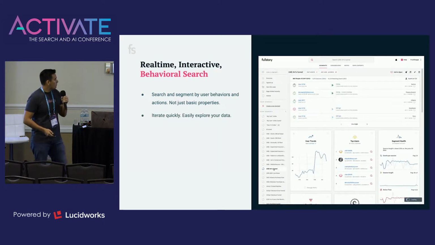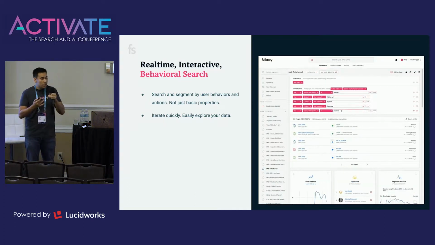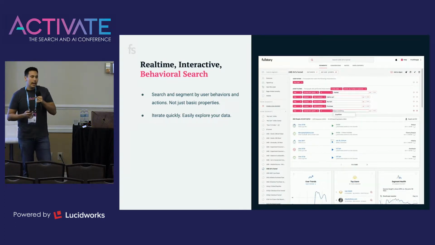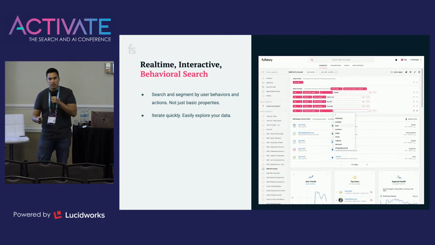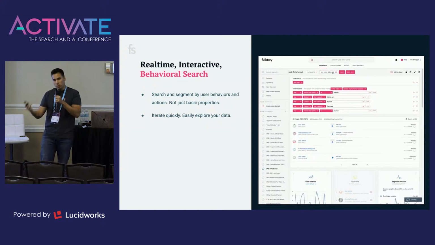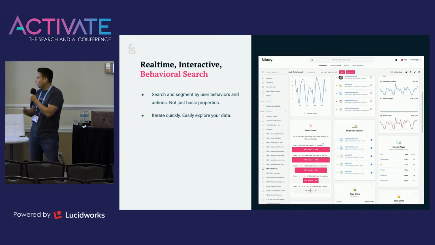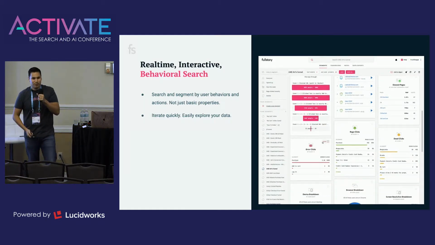Basically, if you can think of it, then you can search for it. In doing that, it's pretty important that your tools be fast and responsive. Being able to iterate quickly allows you to explore your data more naturally, and to do that requires a little bit of clever engineering.